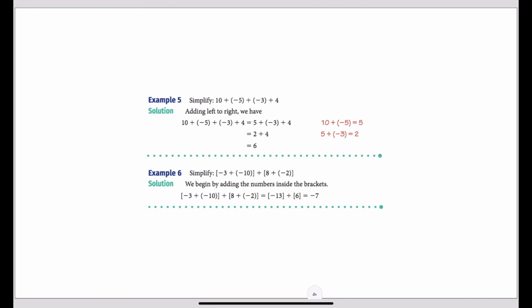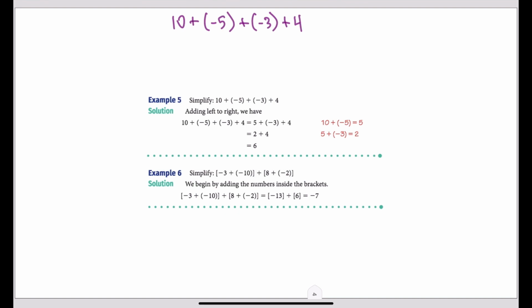So let's do some order of operations problems, but let's throw in some integers rather than just all whole numbers. So example number 5, we're going to simplify 10 plus negative 5 plus negative 3 plus 4.